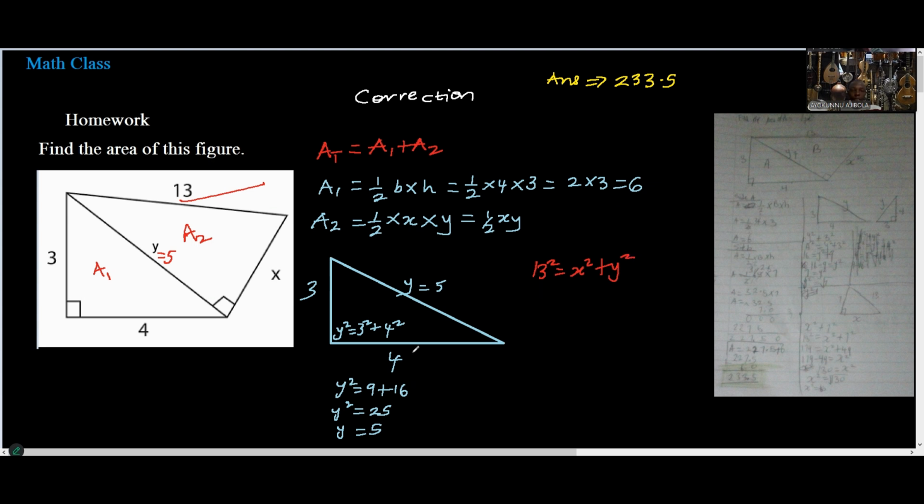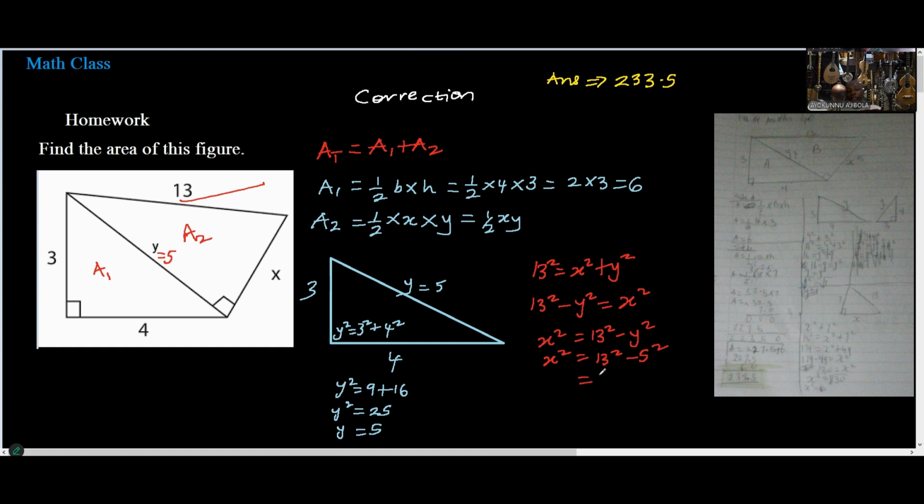So now that we know y, we can say x squared equals 13 squared minus y squared. So x squared now is going to be 13 squared minus 5 squared because y is 5.